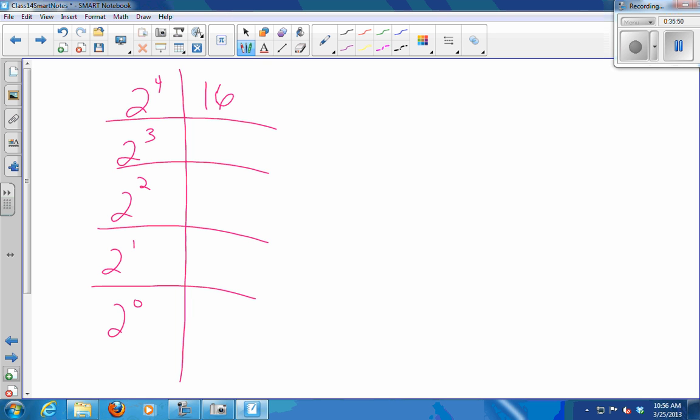And 2 cubed is 8, 2 times 2 times 2. 2 squared is 4, 2 to the 1st is 2. So the pattern in this list is that I'm dividing by 2, right? 16 divided by 2 is 8, divided by 2 is 4, divided by 2 is 2. 2 divided by 2 is 1. So 2 to the 0 has to be 1.